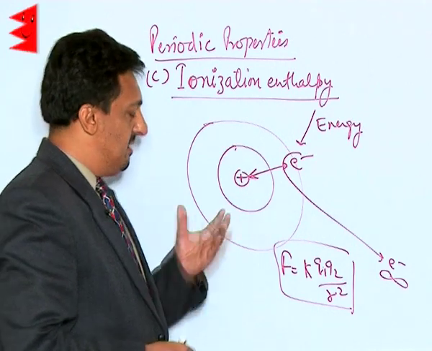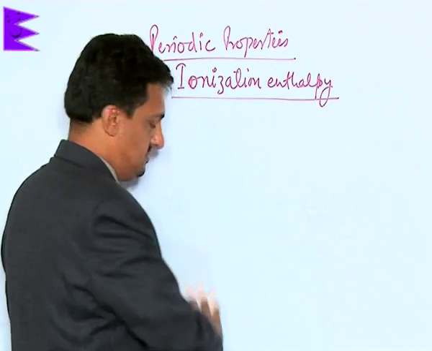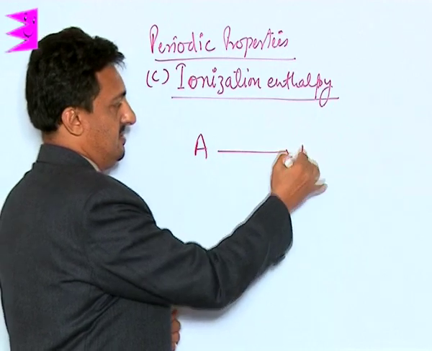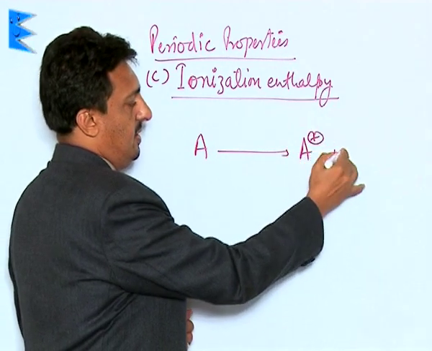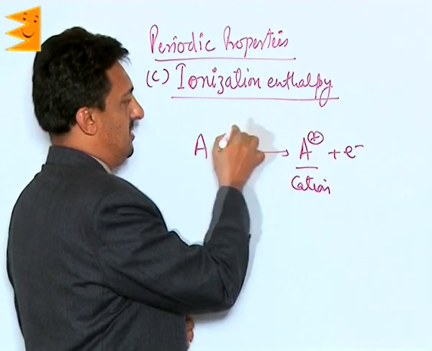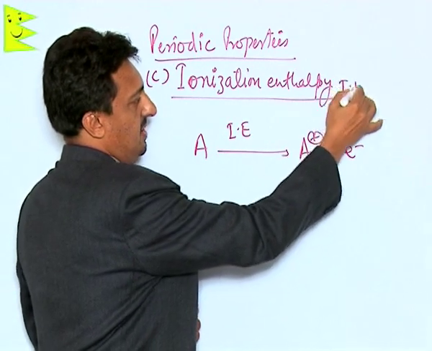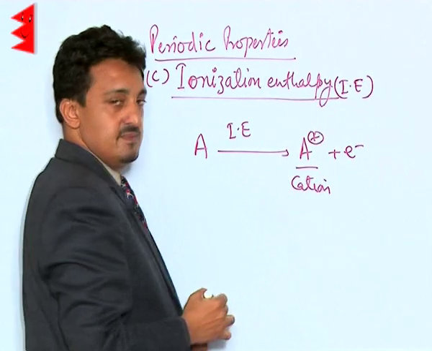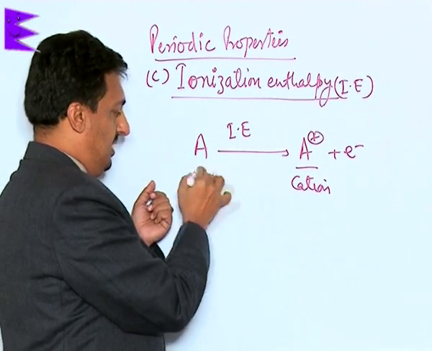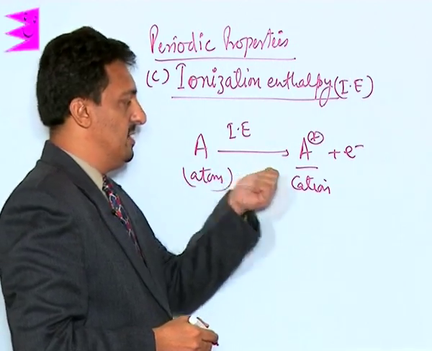It means the energy which we give to make an atom converted into a cation is called ionization enthalpy. In short, it is written IE. So it is the energy which is given to the neutral, isolated gaseous atom to convert it into a cation.